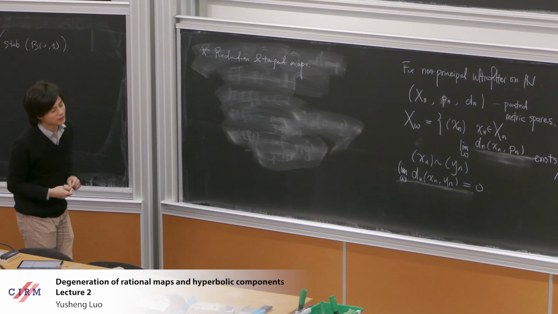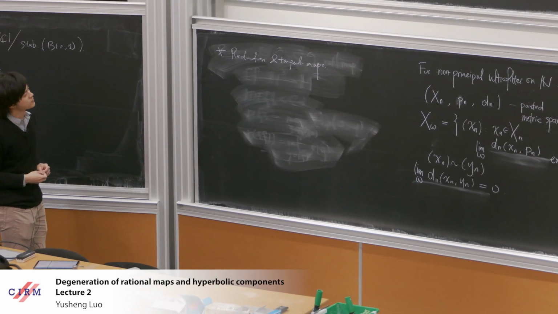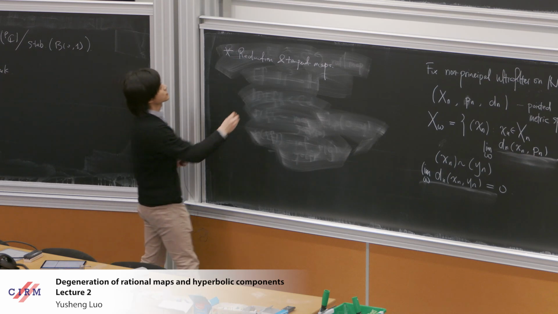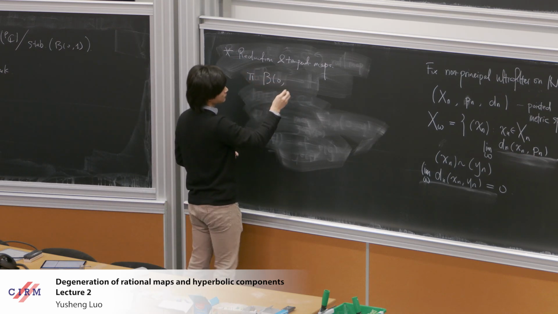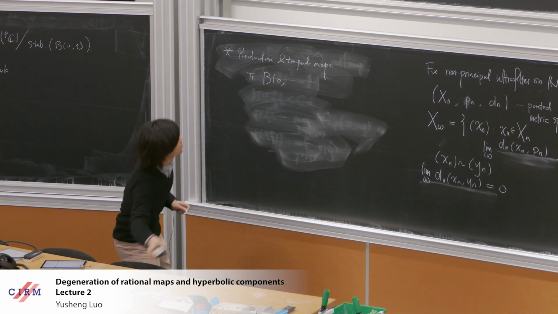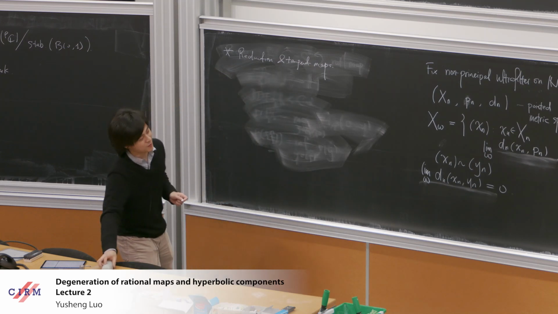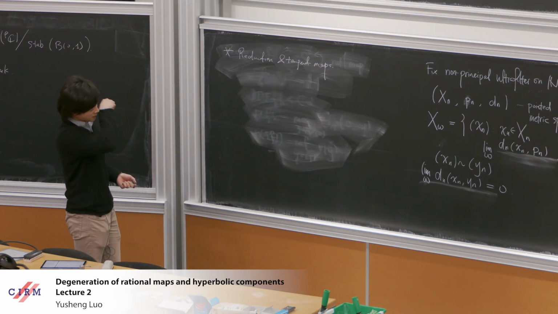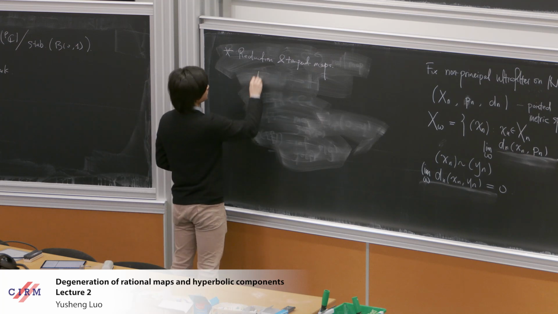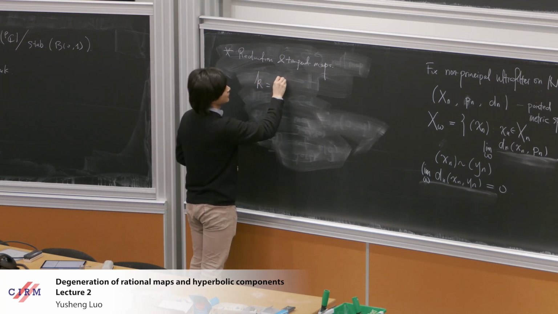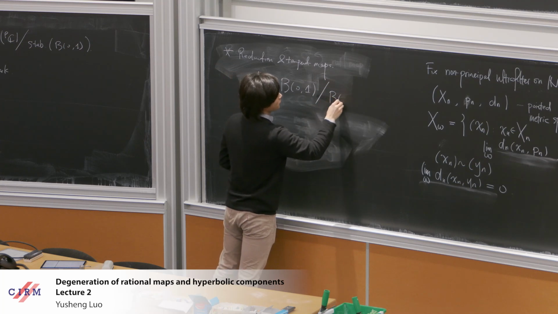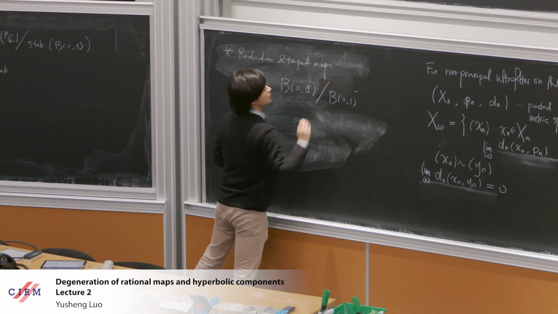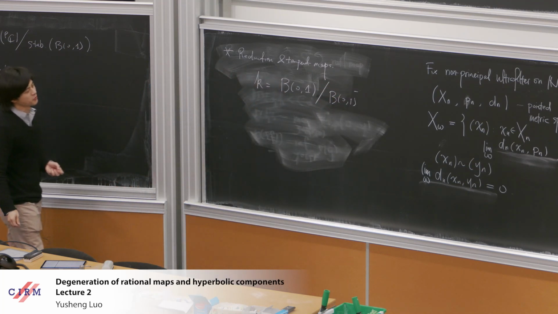So associated to this non-Archimedean field, we can always look at its residue field, which is defined as simply the ball with radius 1, quotient away the open ball with radius 1.